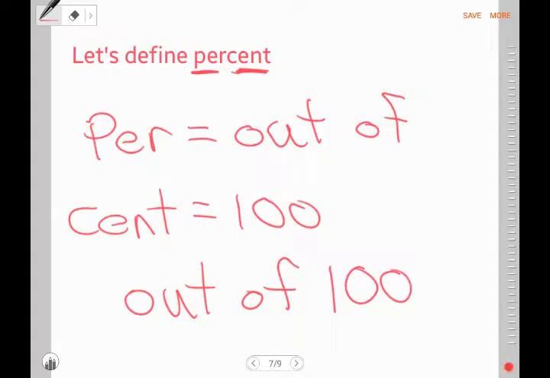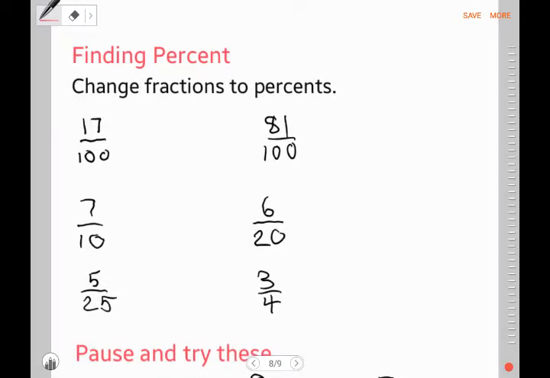So when you hear a number like 50%, that means 50 out of 100. So now let's try changing these fractions into percents. If I have the fraction 17 hundredths, well, that's just 17%. 81 hundredths, 81%.